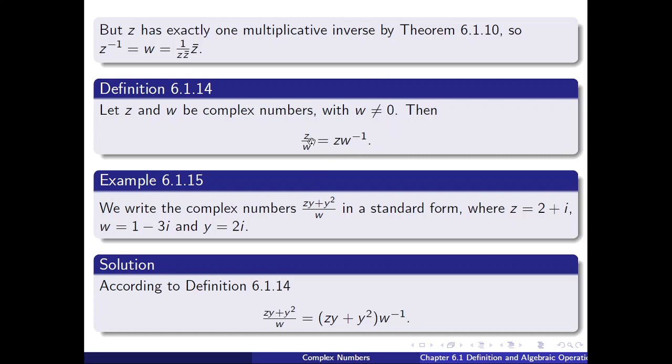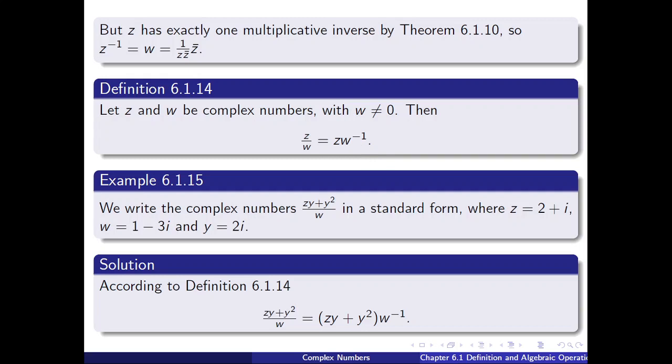Then z over w is just z times the inverse of w, right? And the reason why we put this condition is so that we are able to say z over w, otherwise we can't get its inverse, right?